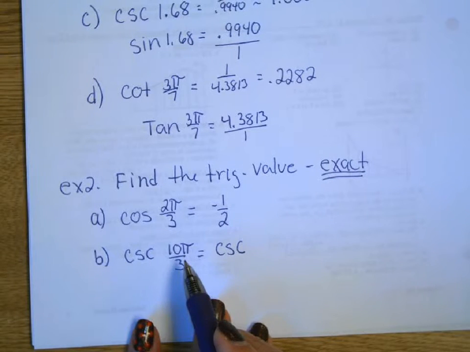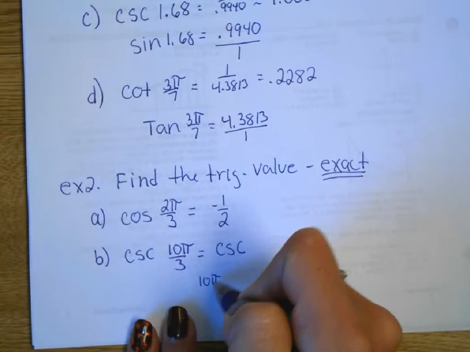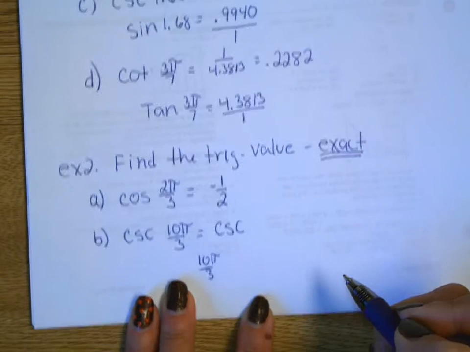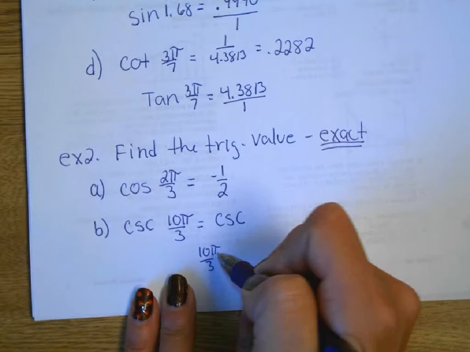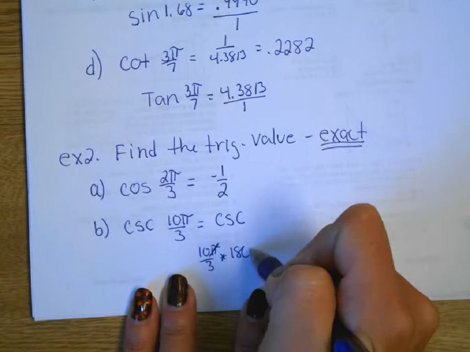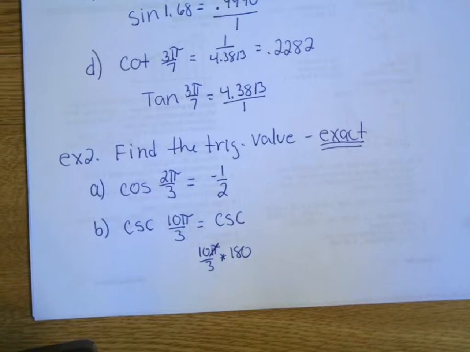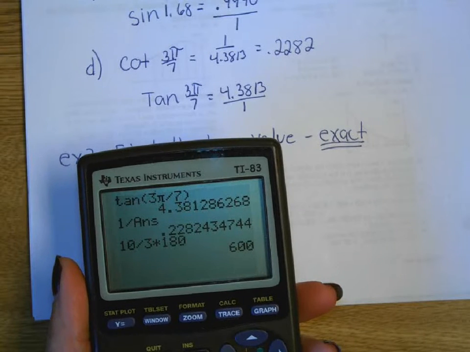How do we take 10 pi over 3 and turn it into degrees? Get out of radians, divide by pi, and then multiply by 180. So what's 10/3 times 180? I got 600 degrees.